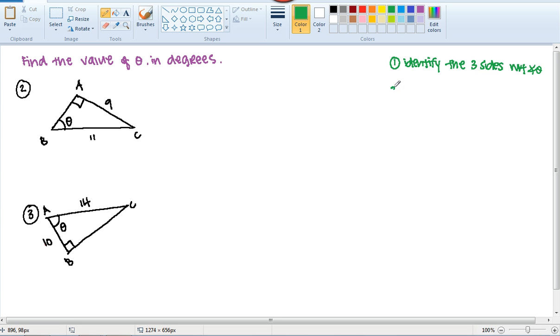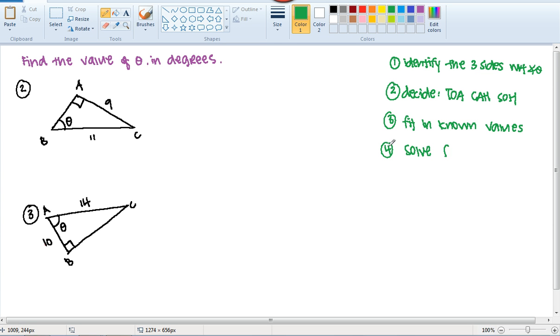Okay, after I've identified, I'm going to decide whether to use TOA, CAH, or SOH. Okay, once I've decided, I'm going to fit in my known values. Okay, once I've fitted in my known values, I'm going to solve the equation for the unknown.